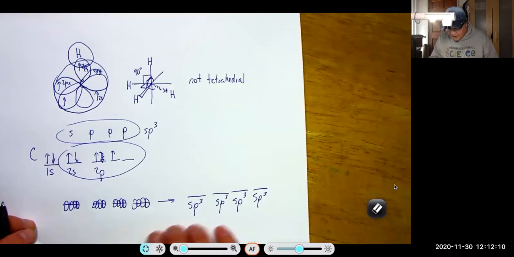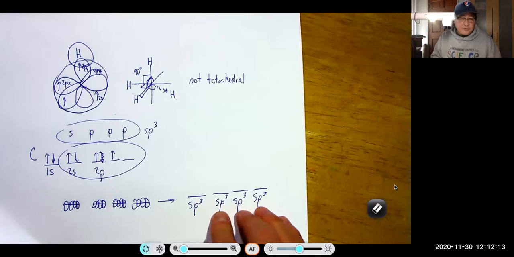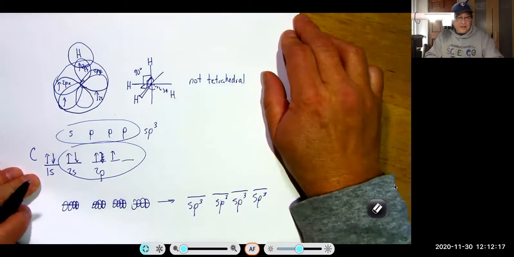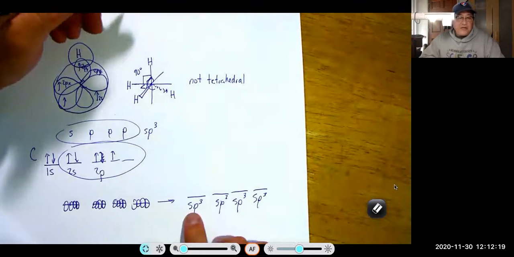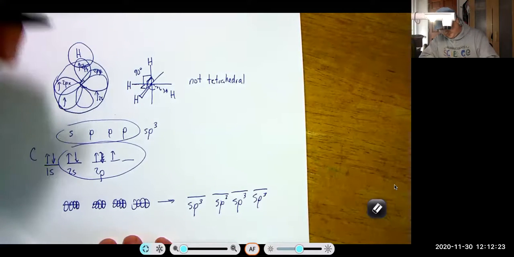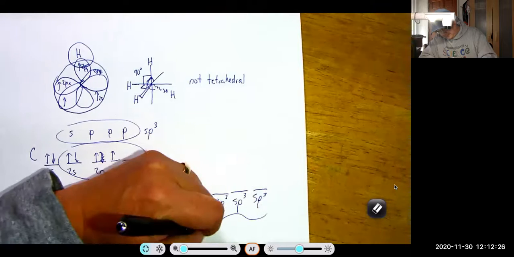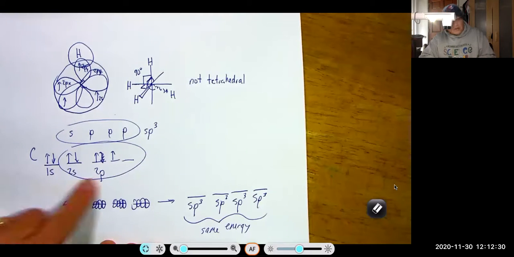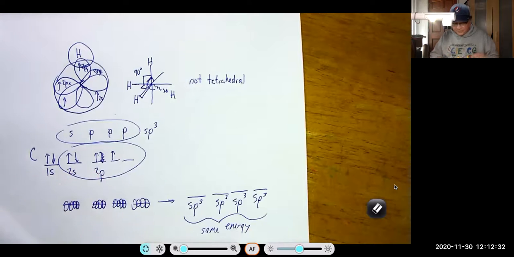Okay, now these, since they're hybrid orbitals, meaning they're made out of more than one type of orbital, and since they're all of equal proportions s and p, they will have the same energy. Whereas over here, they're not all the same energy. So now we have 4 orbitals that are the same energy.